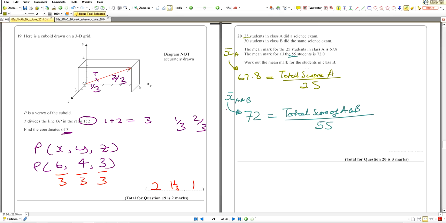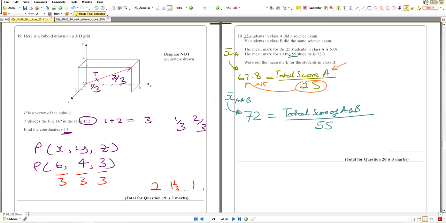Right, let's do that. We want to work out the totals. I wanted an orange. Okay, let's try that again. So we want to work out the total score of A. Opposite of dividing by 25 is times by 25. So, on your calculators, please, folks.